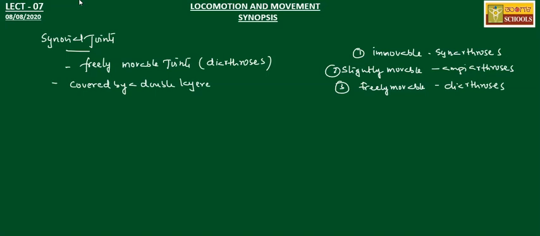In this case the outer layer consists of dense fibrous irregular connective tissue.